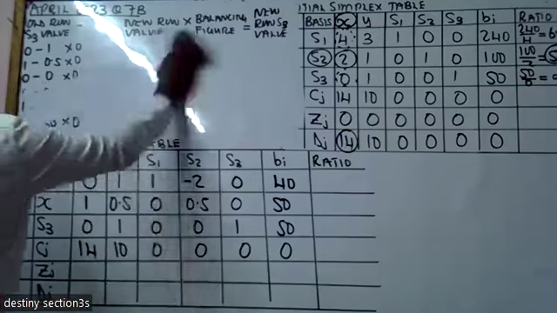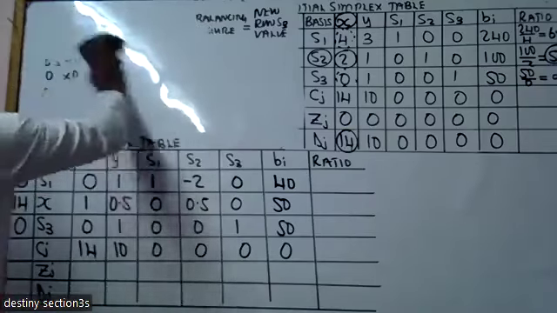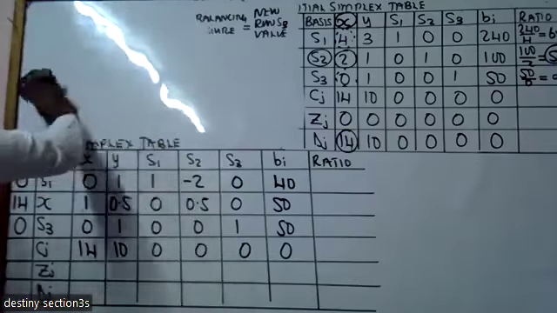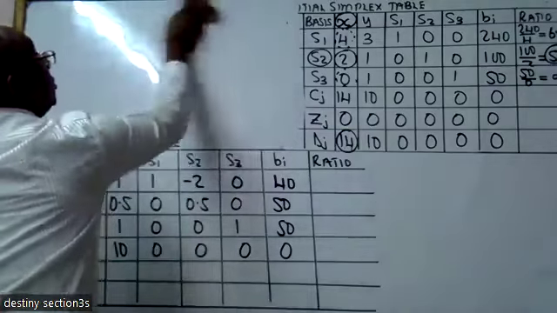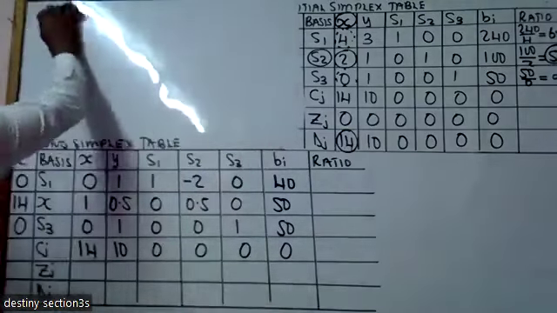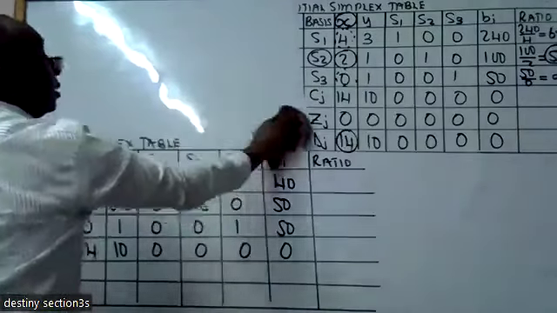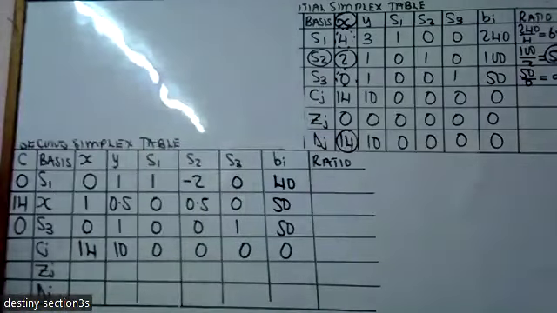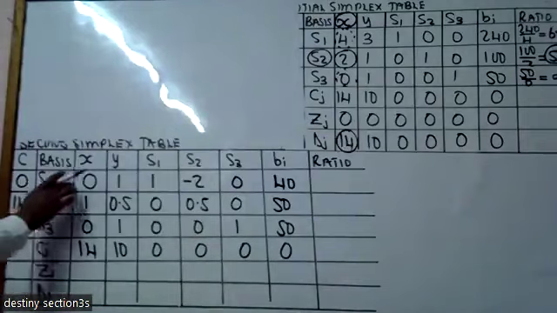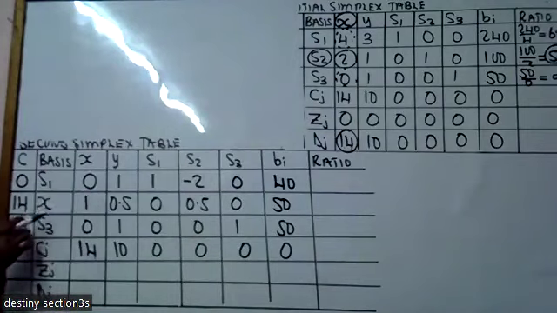So we now start to compute the values of Z. For the values of Z, I told you we take these values, we multiply.